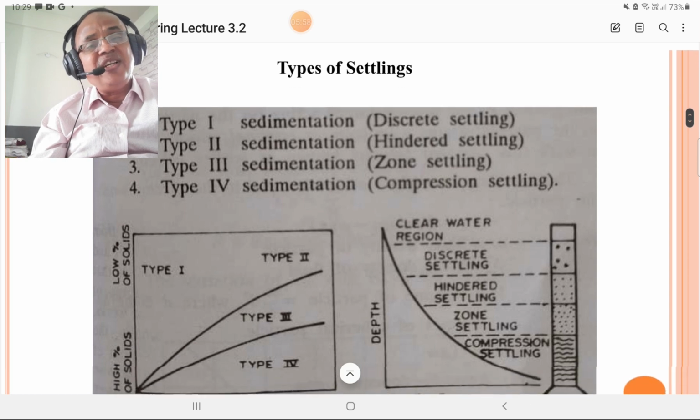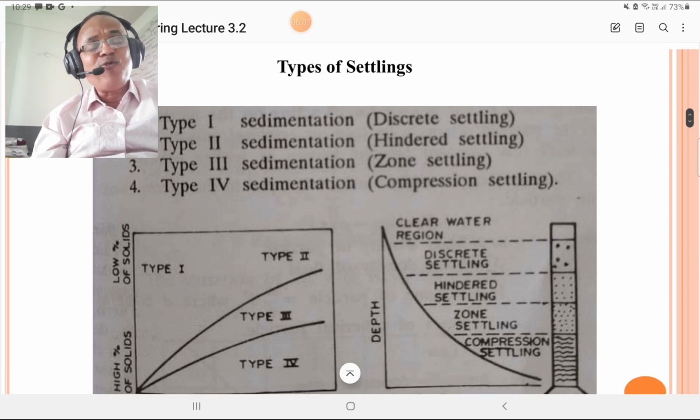So please refer to this figure. Type 1 is discrete settling, type 2 is hindered settling, type 3 is zone settling, and type 4 is compression settling. Means first individual, second hindered, that is group, third zone, zone means mass, and fourth compression, compression means a structure.